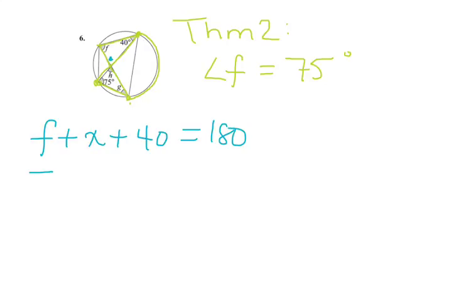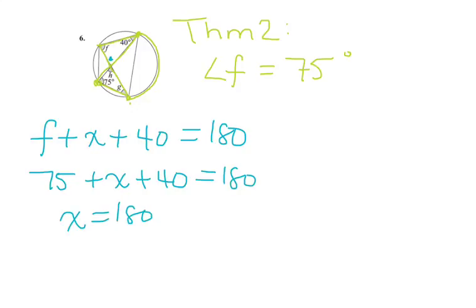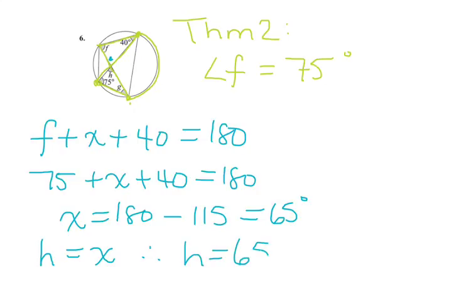Well, I just said that f was 75. 75 plus x plus 40 is 180. That's 115. So 180 minus 115, that is 65 degrees. And then I know that h is equal to x. So h equals x. So h is equal to 65 degrees.